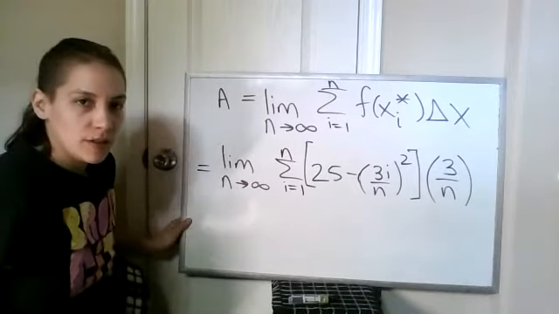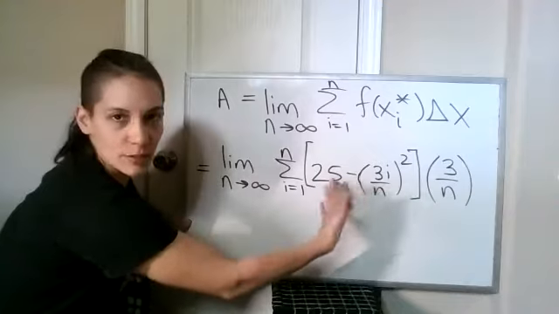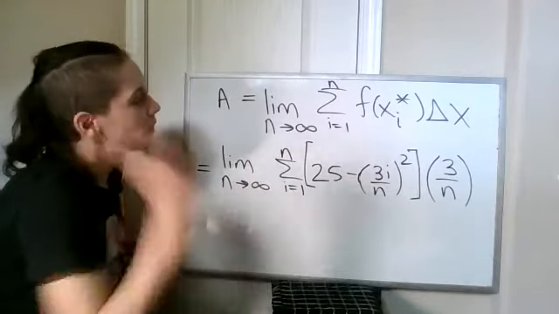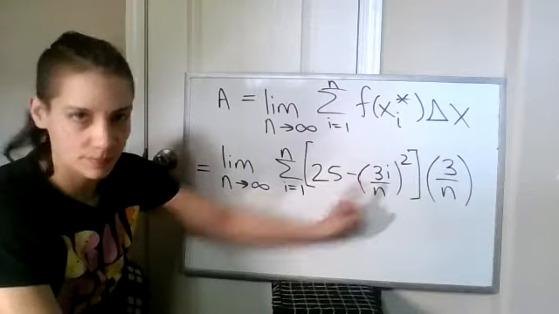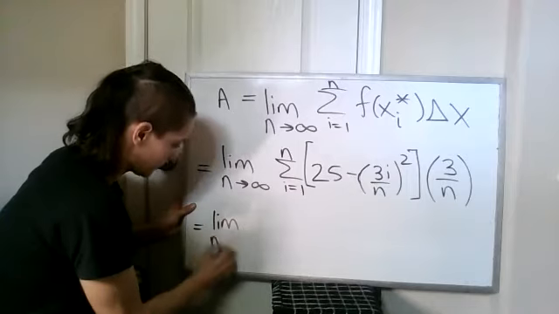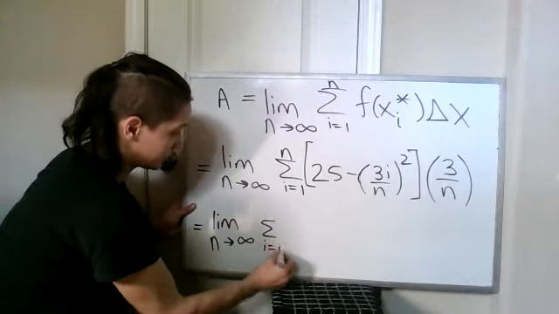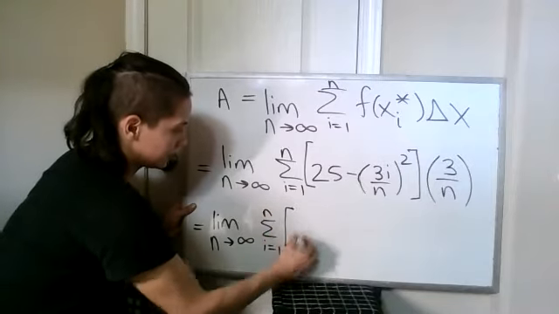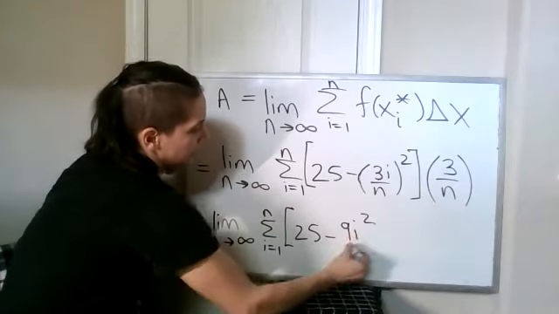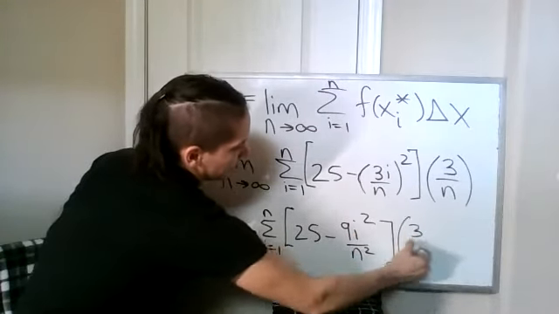And now it's just a matter of working through this kind of algebra here in the summation. So what we'll do is square that part. I got a 9i squared divided by n squared and multiply by 3 over n.